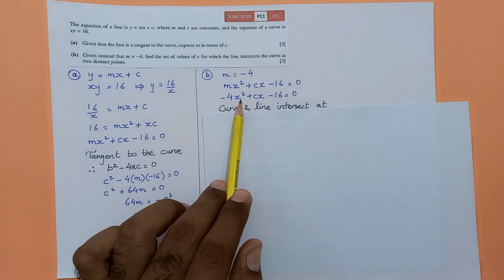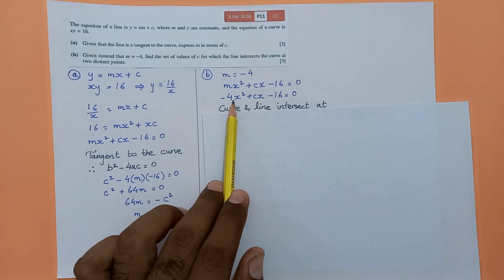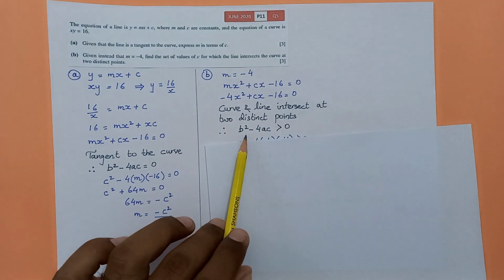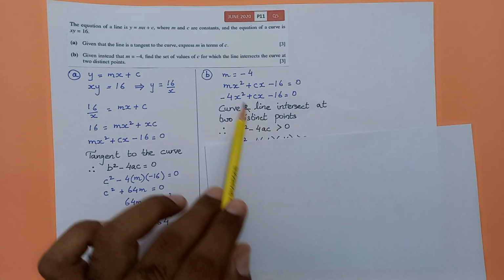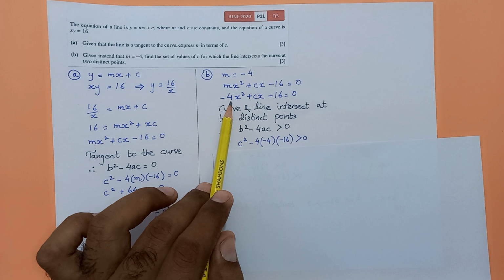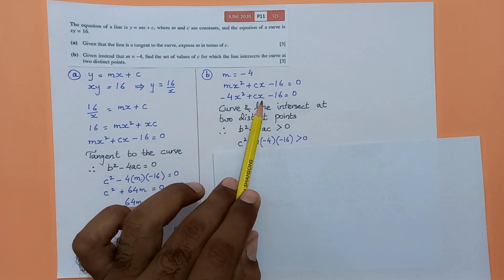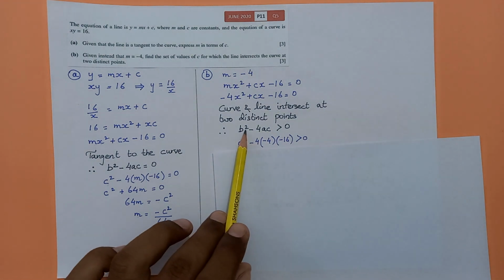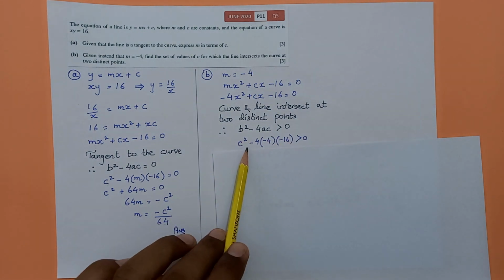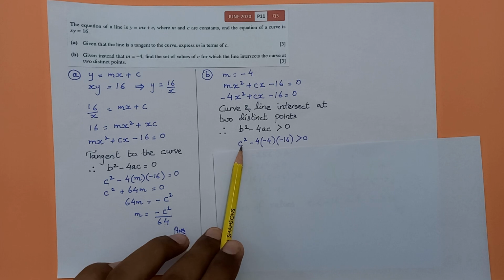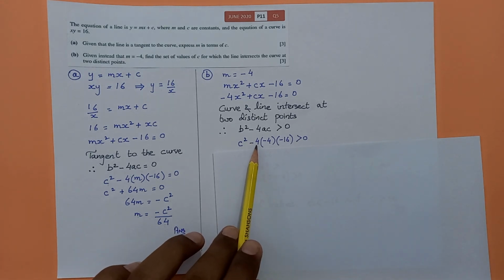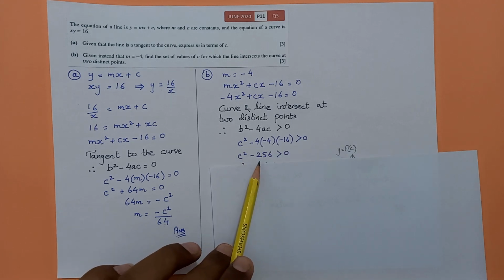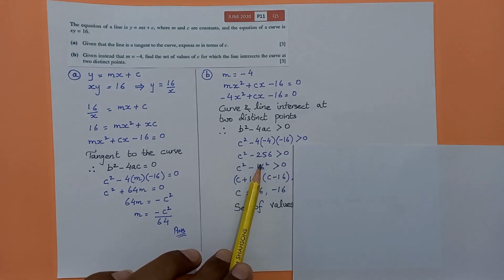After replacing the value of m, we have a quadratic equation, and we can use the discriminant greater than 0. The value of a is -4, the value of b is c, the value of c is -16. Placing it in the discriminant, we have c square, and multiplying -4 with -4 with -16 gives -256.